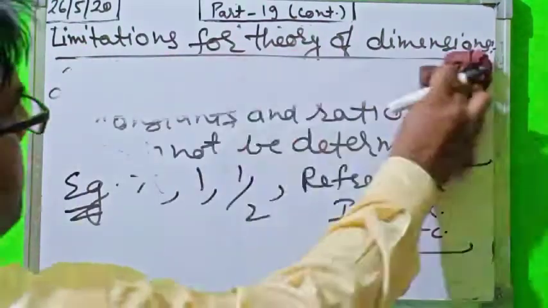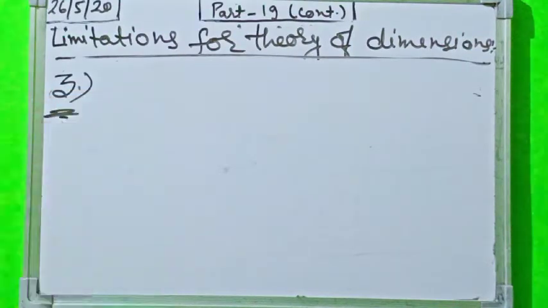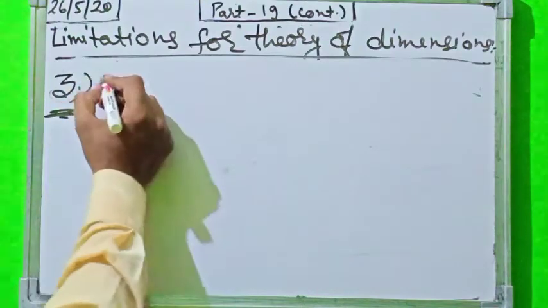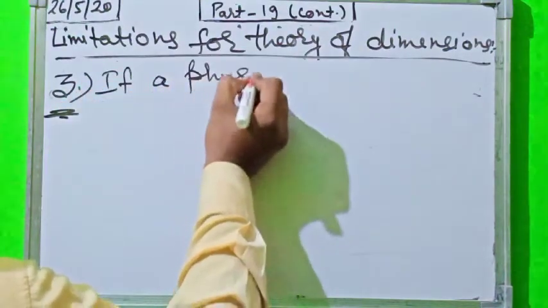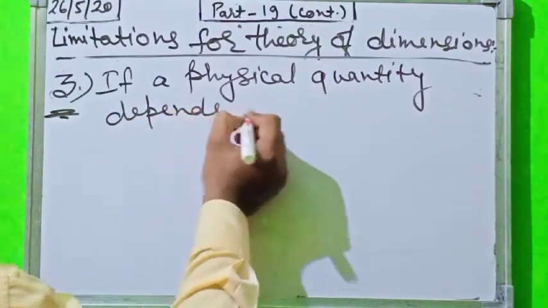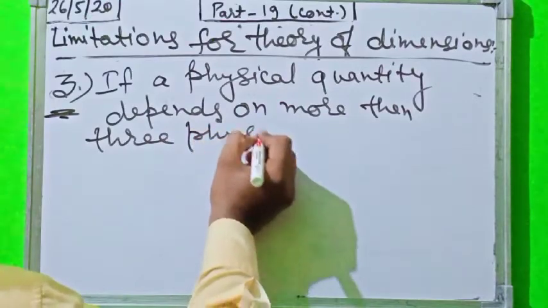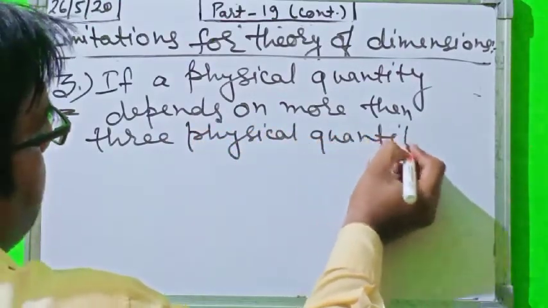The third limitation is that we are not able to derive by the method of dimension the dimensional formula for physical quantities which have dependency on more than 3 physical quantities.